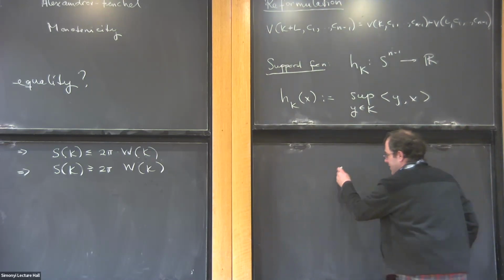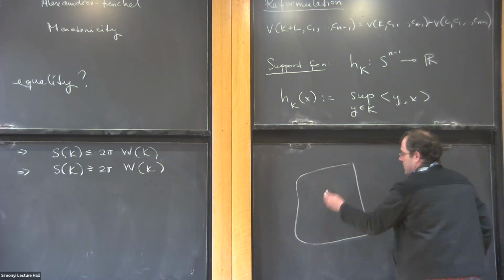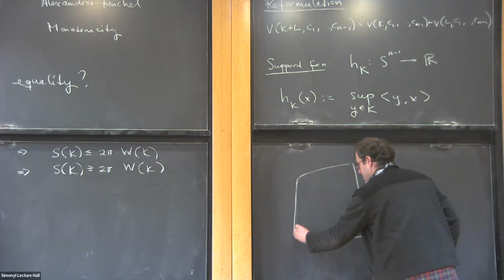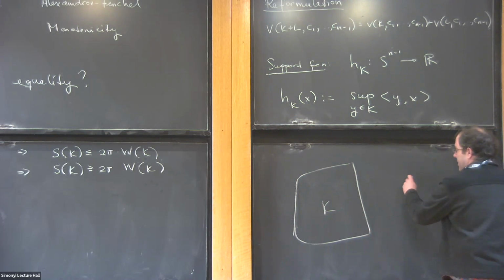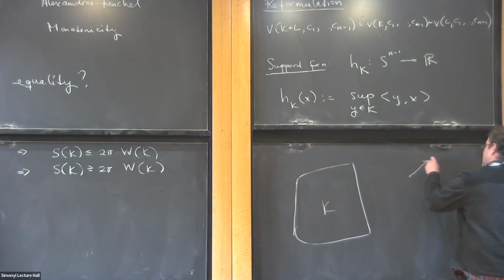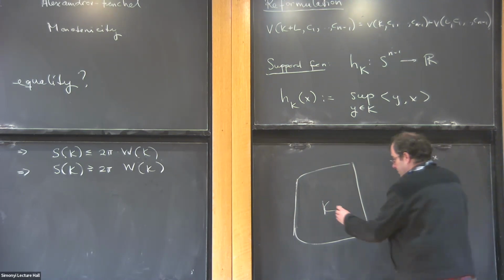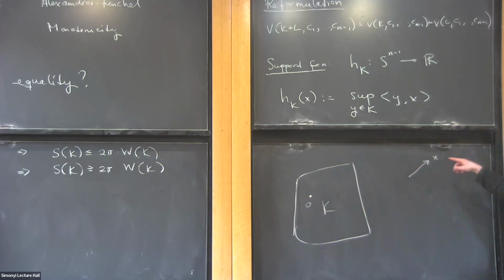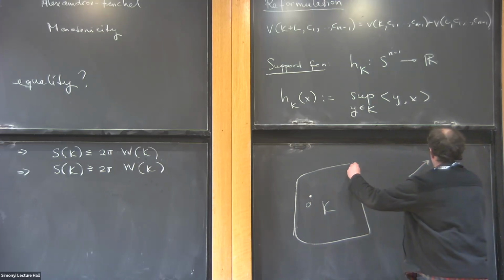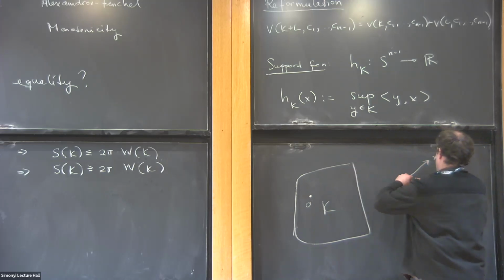And just so we are on the same page, here's a convex body K. And let's pick a direction x, which is supposed to be a direction in the unit sphere. And suppose that the origin, let's say, is over here. So what is this h_K of x? Well, let's look at the supporting hyperplane of this body with this normal direction. So which way does it go?